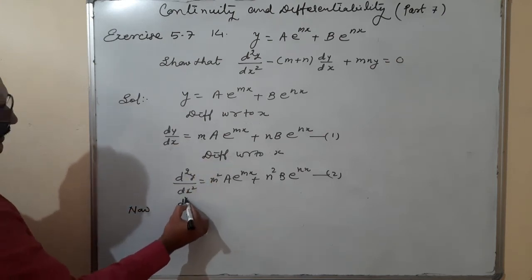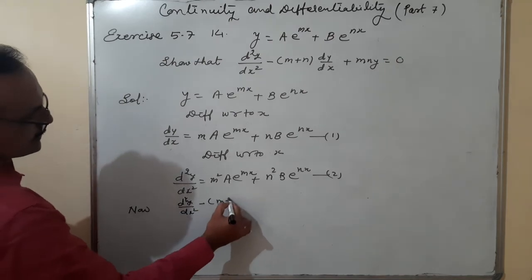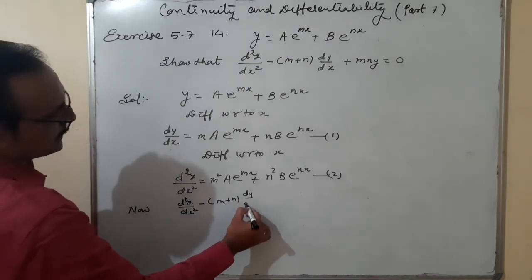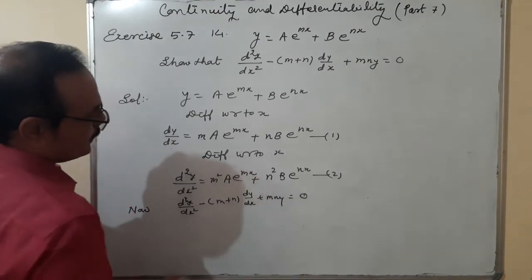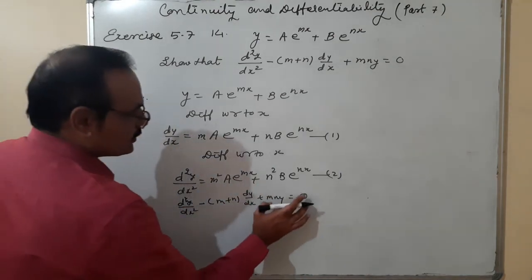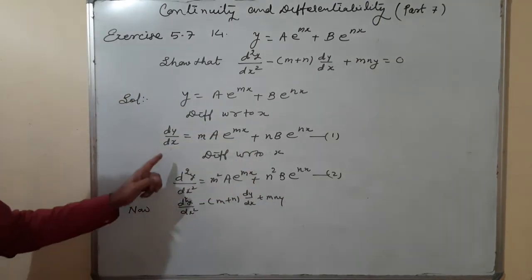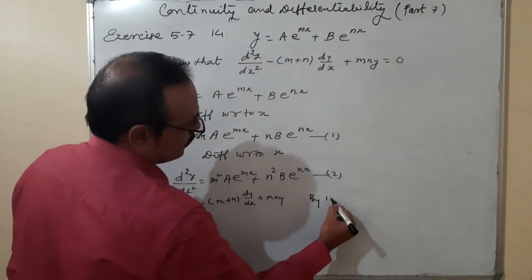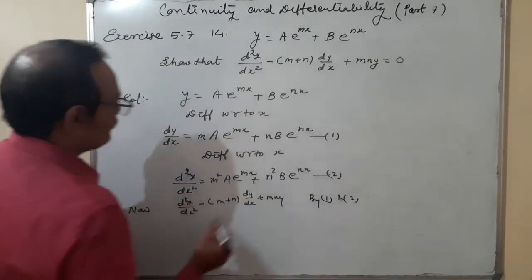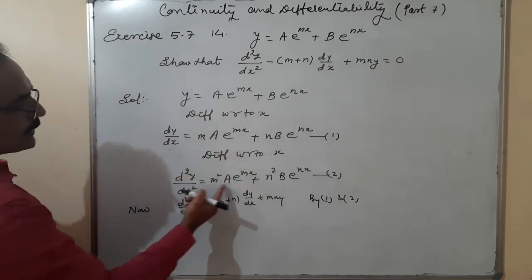Since d square y by dx square minus m plus n into dy by dx plus mn y is equal to 0, I am taking this term, not writing it as equal to 0, and I'll substitute these values by 1 and 2. By 1, dy by dx is this. By 2, d square y by dx square is this.